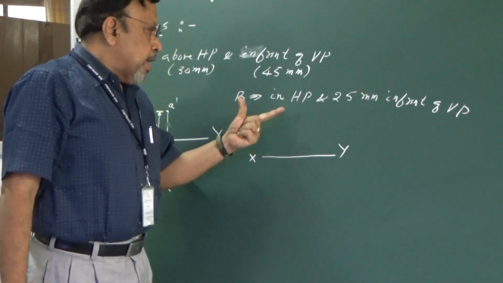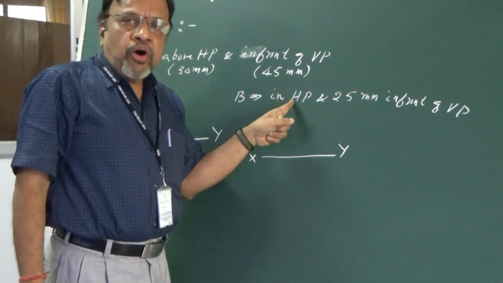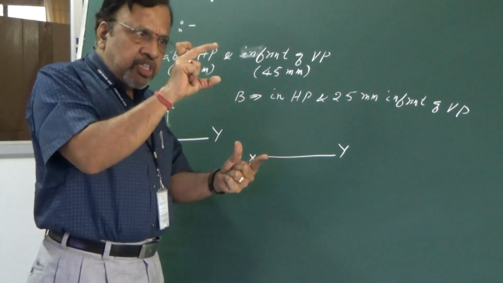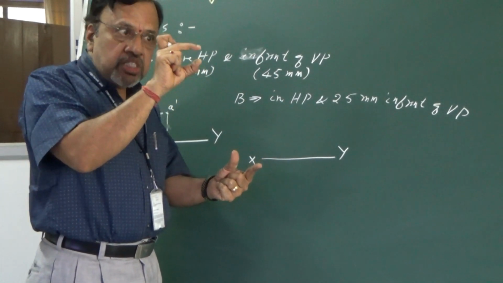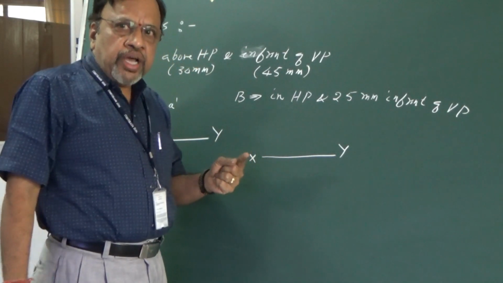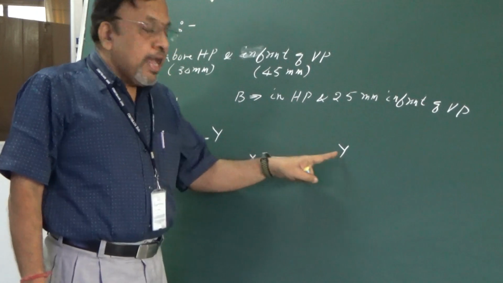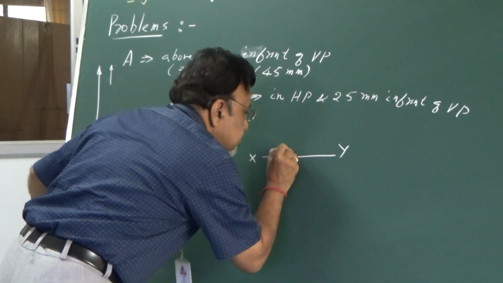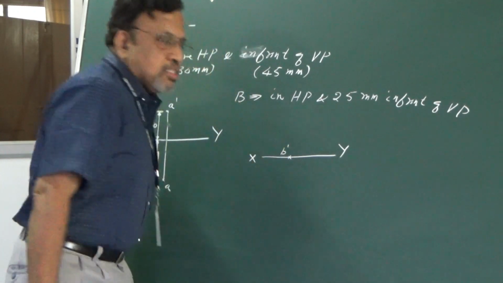Okay. Then, if you remember, since the point is in HP, if I look from the front view, since the HP distance is 0, that is the H distance is 0. Since that is 0, where do you get the front view then? Then I should get the front view on the XY line itself. So I will mark this as B dash.